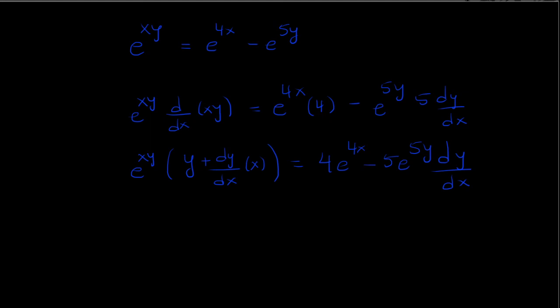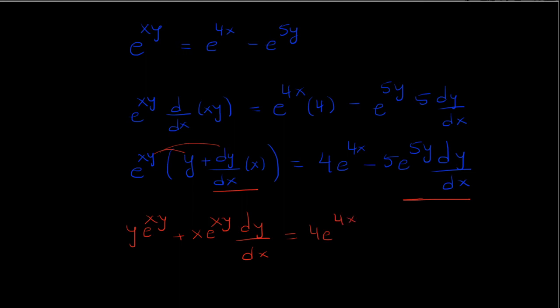So I have two terms that have a dy over dx, but first I want to distribute out the e to the xy. So I get y e to the xy plus x e to the xy times dy over dx, and that's equal to 4e to the 4x minus 5e to the 5y times dy over dx.